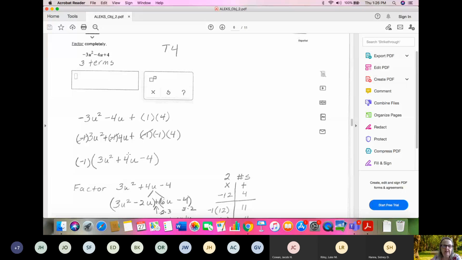Well, what's left? In this first term, 3u squared is left, plus 4u is left, plus a -1 times 4 is a -4, plus a -4 is really -4.